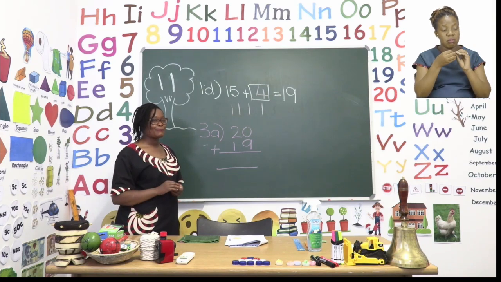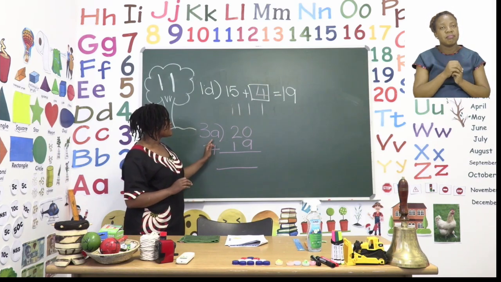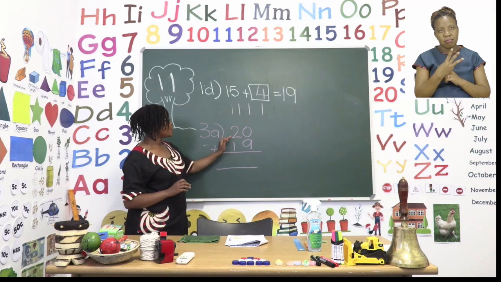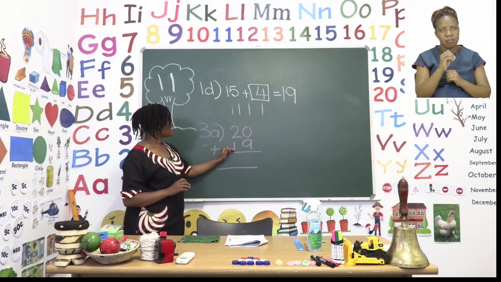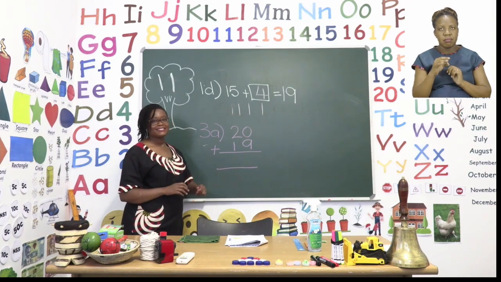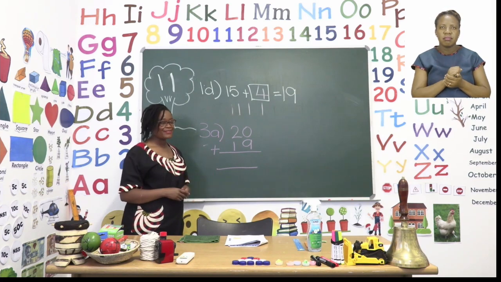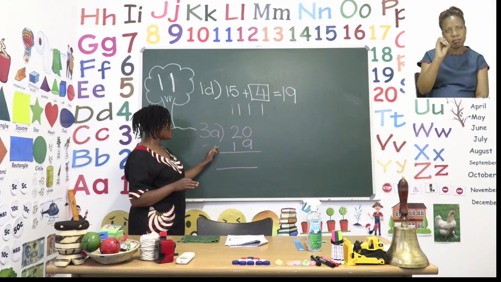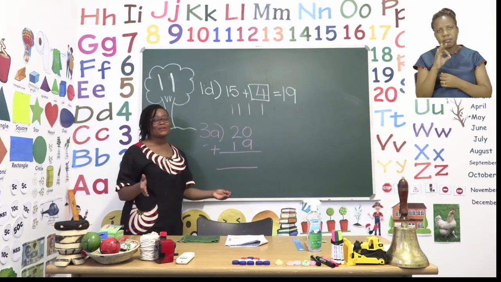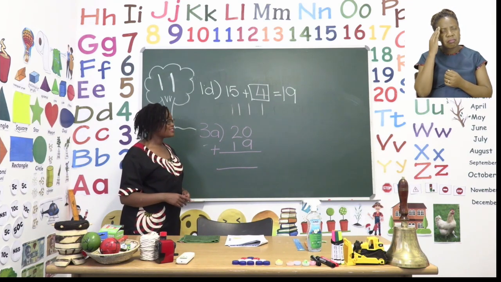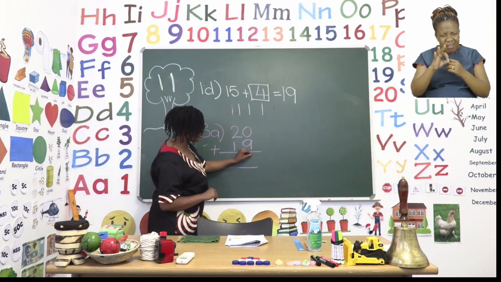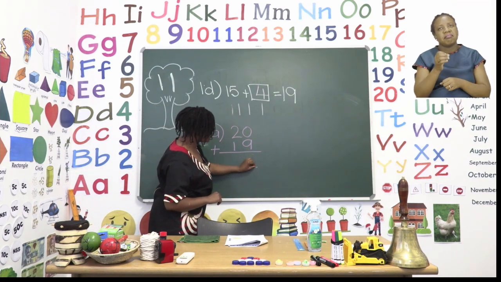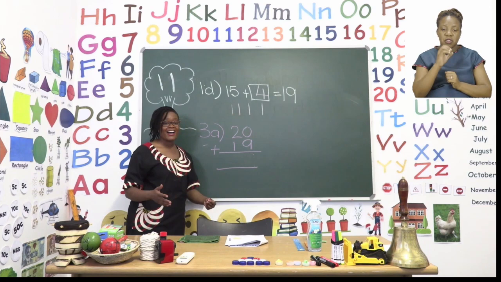So take your time. For number 3, we are now going to say A, 20 plus 19 equals, well, we have to find out. So we are going to start by saying 0 plus 9. Now we all know that 0 plus 9, boys and girls, equals 9. Because I had 0 and I've added 9.